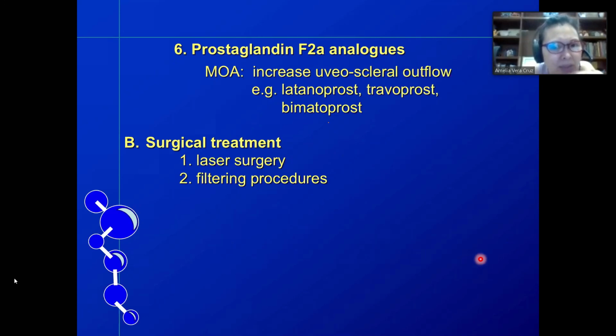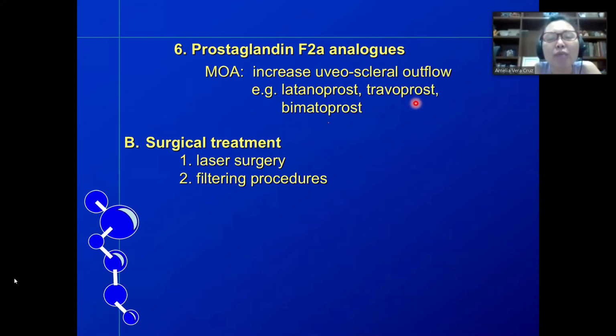And among the three, ang pinakauna dito is latanoprost. Ito ang pinakauna talaga. Then, sumunod ang travoprost and tafloprost. They have the same strength. Latanoprost ang pinakamababa.